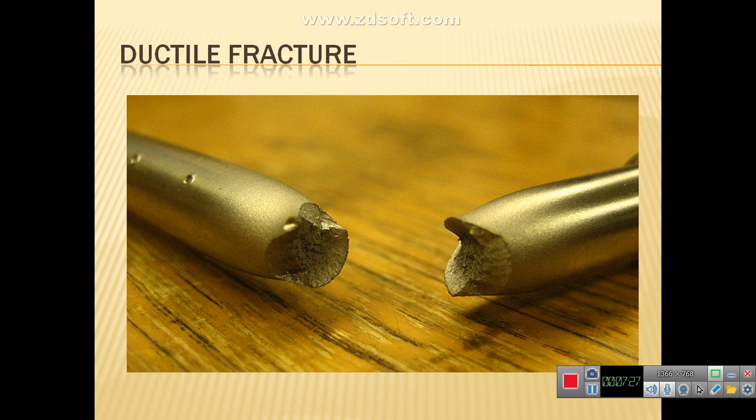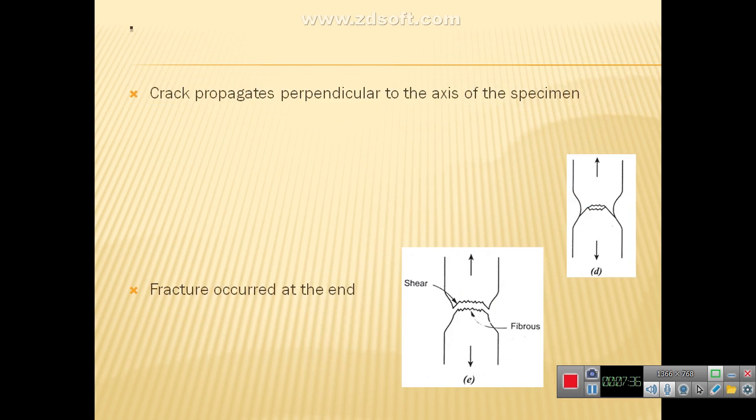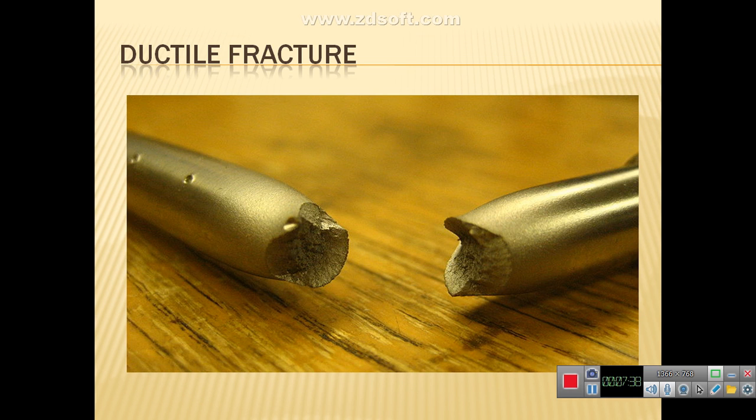Ductile fracture mainly occurs in materials like aluminium, elastic materials like rubber, and hardened steel. In such materials, this kind of fracture will occur.